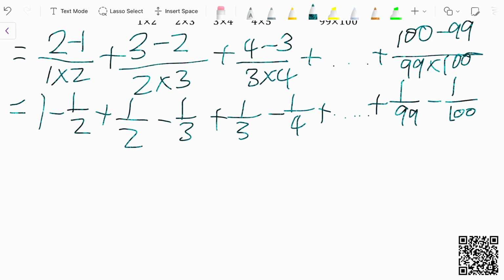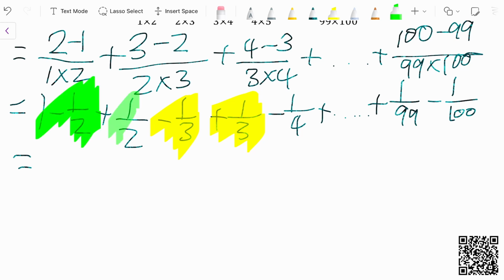So, you might be like, okay, I get where you're going here. It's probably pretty obvious by now, because as you can see, this is a negative of the same number as this is a positive. This is a negative of the same number as this is a positive. So that means that you can simplify again.